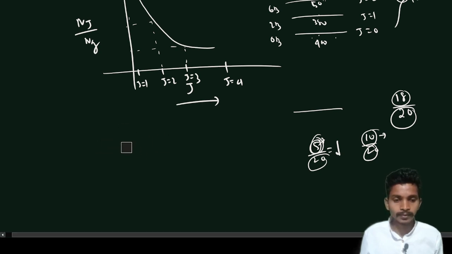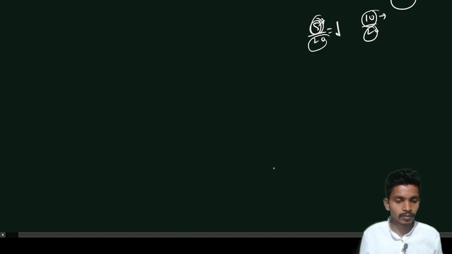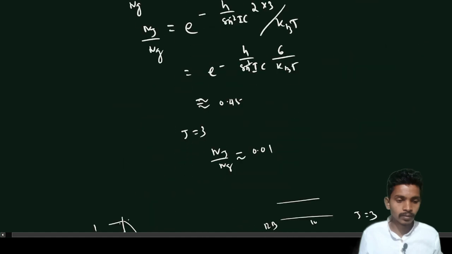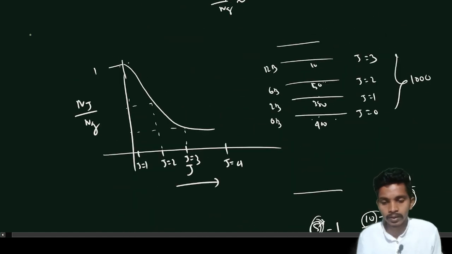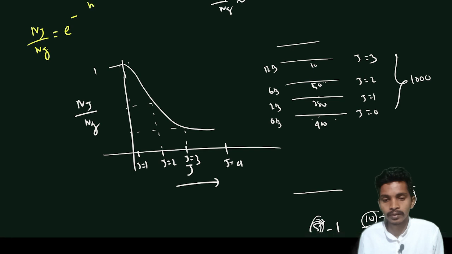Now if you change the B, you see that Nj upon N ground state is equal to e to the power minus... if I write this equation, Nj upon N ground state is equal to e to the power minus h/(8π²Ic). This is the actual equation.